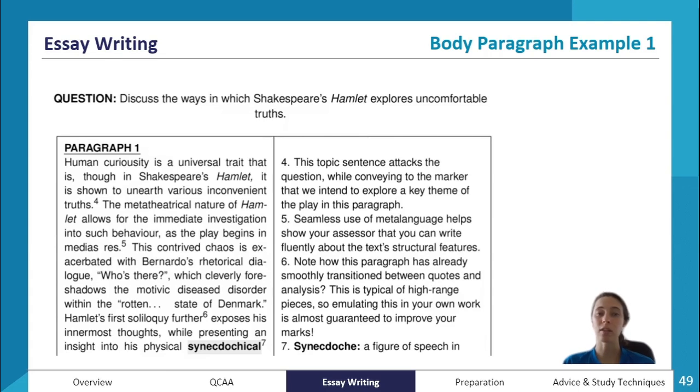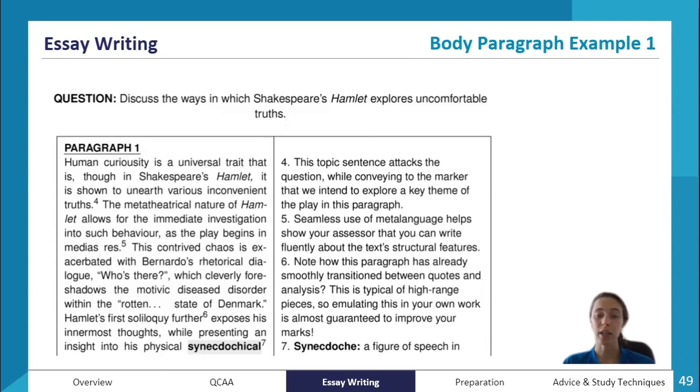So in media res is something that you may have come across before in creative writing. Oftentimes we're told to start a short story in media res, which basically means in the middle of things. You want to be starting in the middle of the action rather than at some boring part of the action where the character is getting out of bed in the morning, for example.